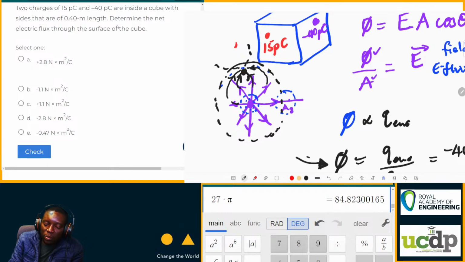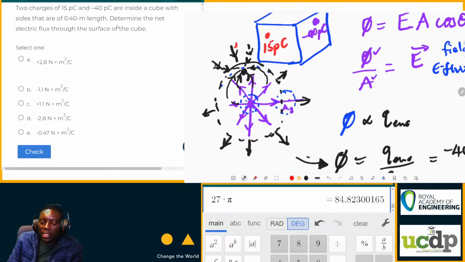It changes the whole picture. The number of field lines through this surface, we subtract what goes out, what is going out being positive, what is coming in due to the negative charge being negative. So already the number changes.